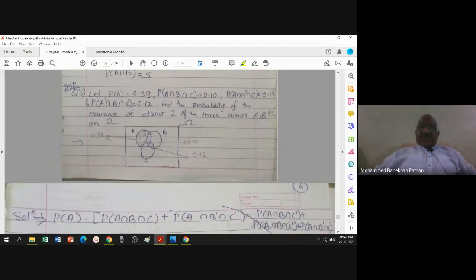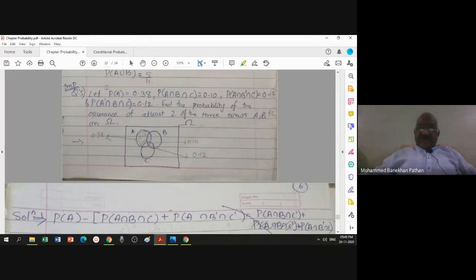We have P(A). It is a very important question, a little tricky. I have the probability of event A as 0.38, P(A ∩ B ∩ C) is 0.10, P(A ∩ B' ∩ C') is 0.17, P(A' ∩ B ∩ C) is 0.12.